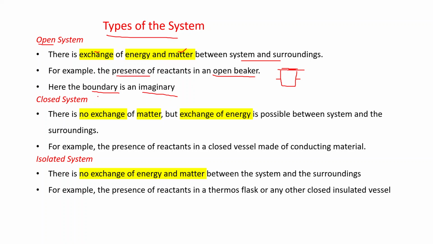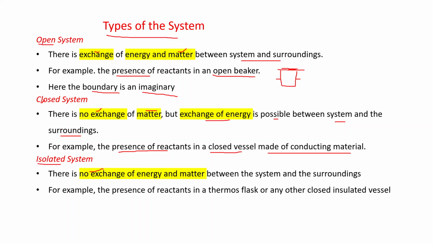Closed system. There is no exchange of matter, but exchange of energy is possible between the system and the surroundings. For example, the presence of reactants in a closed vessel made of conducting material. Next one is the isolated system.